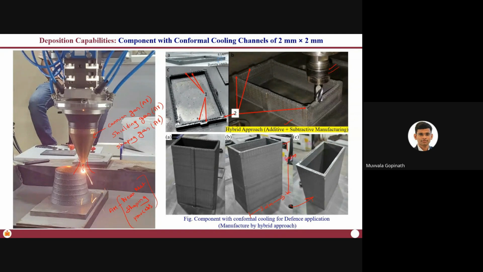Currently our research is more focused on large area additive manufacturing processes. That's how we are looking at making components for rocket nozzles and some other components which are of aerospace interest. So the components we build are typically of larger scale.